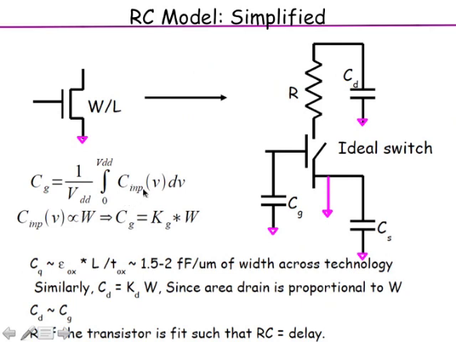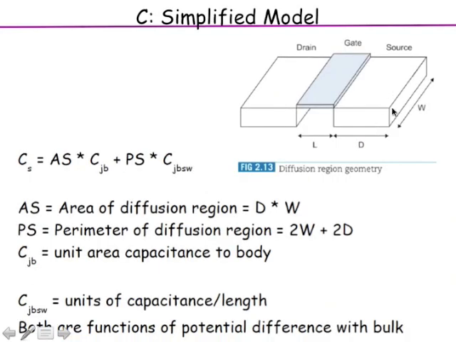The important thing is this single number Cg is essentially proportional to W, linearly dependent on W. So that makes life simple. So really I can say the gate capacitance is Kg, some constant, times W. Same goes for the drain and the source capacitances. Remember, the drain and source capacitances are the capacitances from the drain and source junctions to ground.